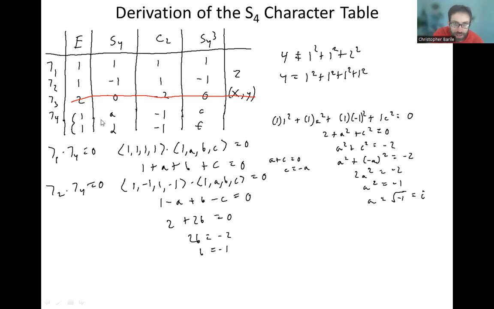So now we can plug in for here, a equals I. And then we can continue and just plug in here, c equals -a. Well, that means c must be equal to -I. So right here is going to be -I. Now, something to note here, we know that 1 plus 1 equals 2, -1 plus -1 equals -2.